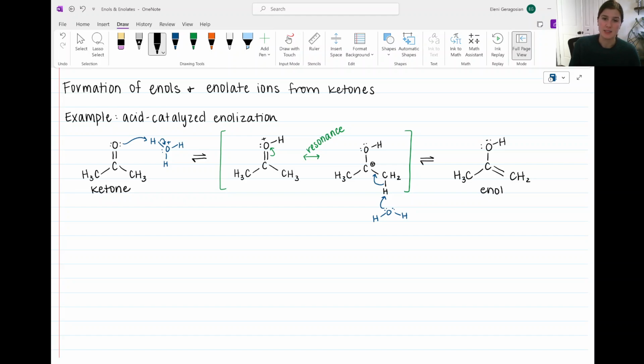And this is how we form enolate ions. So we're shifting from acidic conditions to basic conditions now, and we'll show how the enolate ion forms from a ketone, and then eventually we'll show how that enolate ion forms then the enol.